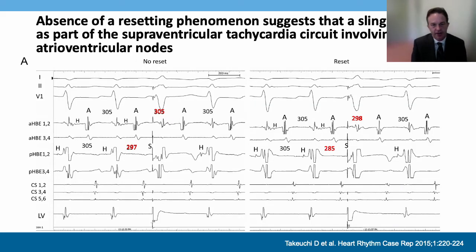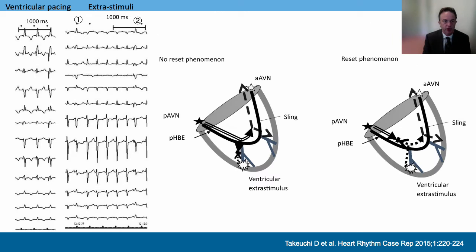And then finally, I think one of the more recent ones is resetting of tachycardia associated with late coupled PVCs. In this case, the authors showed that with a late coupled PVC, there was no reset of the tachycardia, and then with an earlier PVC by 10 milliseconds, the tachycardia was reset. Importantly, they showed, though, that these PVCs had the exact same QRS morphology, suggesting that this was a concealed extra stimulus.